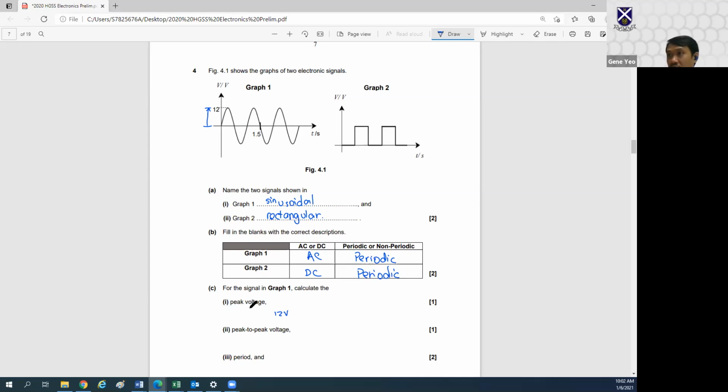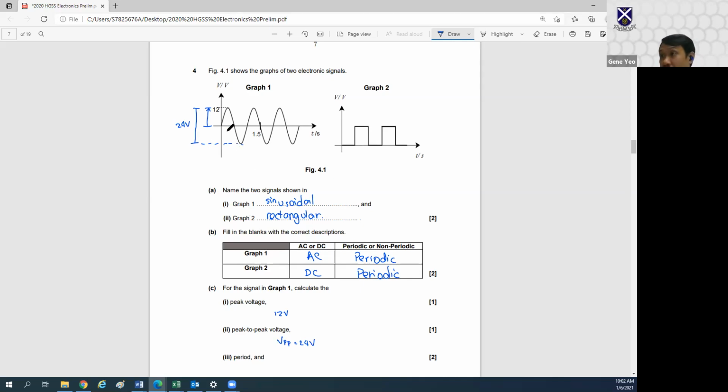Peak to peak, VPP, is from the peak all the way to the trough. If this is 12, this will be 12, and therefore VPP will be 24 volts.